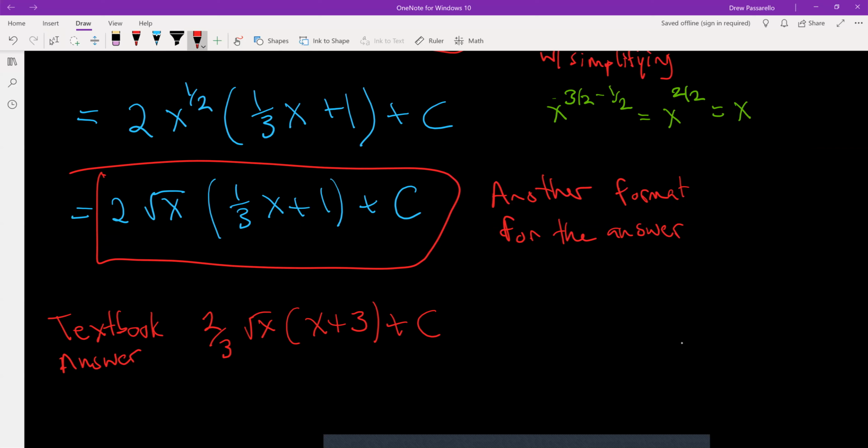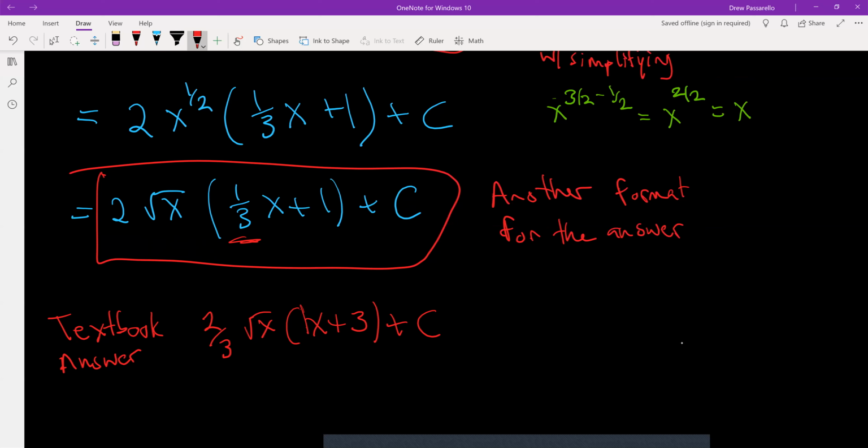So they went ahead and factored out 2/3 instead of factoring out 2. It's just a preference thing. Because you notice it's very similar to this one, it's just instead of a third, that's technically 1x, and then instead of 1, they have 3, because 1 divided by a third is 3.